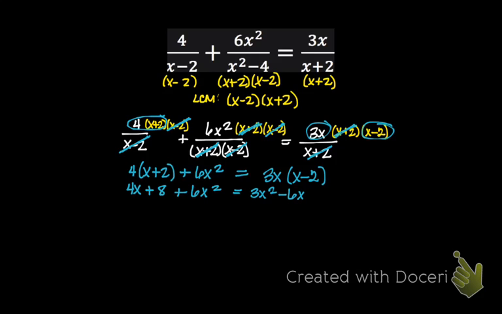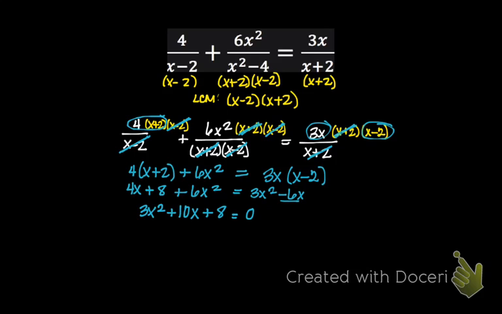We need to make sure that that gets to be equal to 0. So, I'm going to move everything based on what is going to keep my x squareds positive. So, if I subtract 3x squared from both sides, that leaves me with 3x squared. If I add negative 6x to both sides, I get plus 10x plus 8 equals 0.